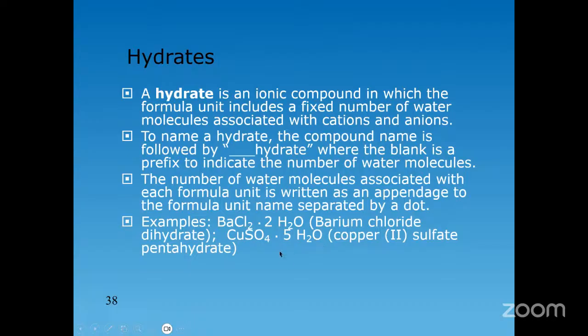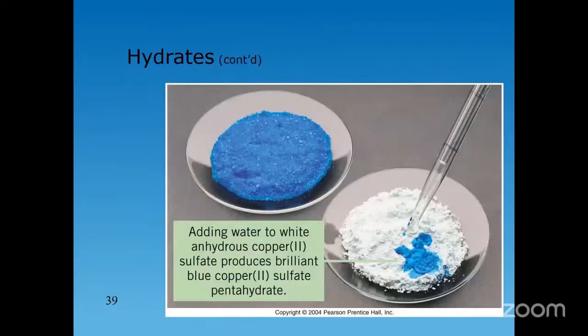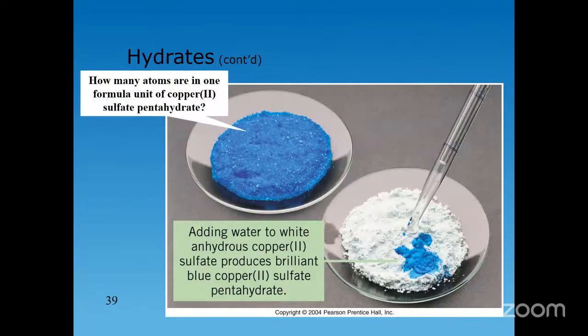So that's basically how you name these compounds, right? You name the ionic part first, then you indicate the number of water molecules using the prefixes mono, di, tri, whatever, and then you follow that up with hydrate. Now, some interesting things about these compounds. One of them is that it's very easy to remove the water from the hydrate. All you have to do is heat the compound to 100 degrees.